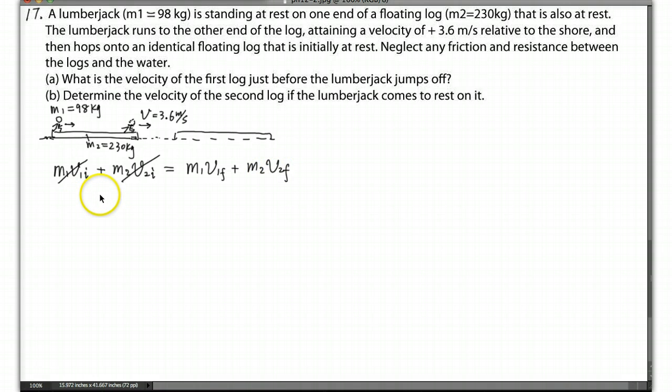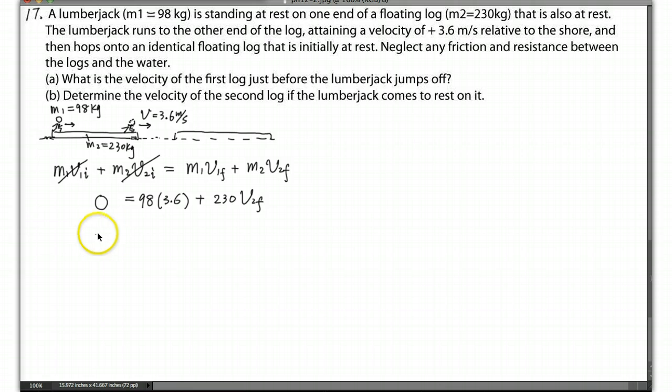Okay, very simple here. 0 on the left side. The right side, m1 is 98, v1 is 3.6, and then plus 230, that's m2, times v2 final. Okay, that's a simple equation.